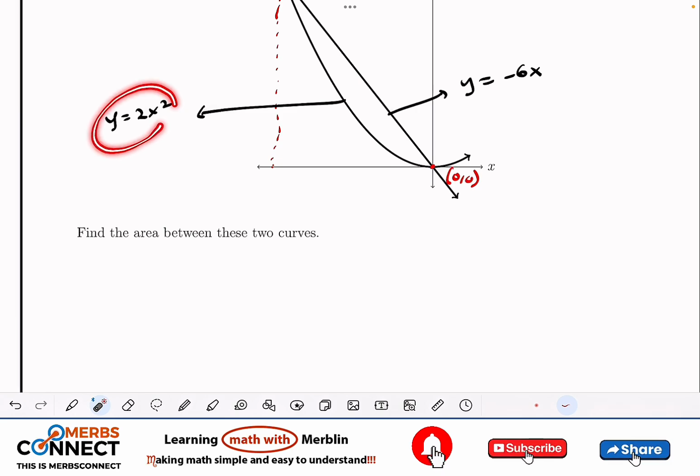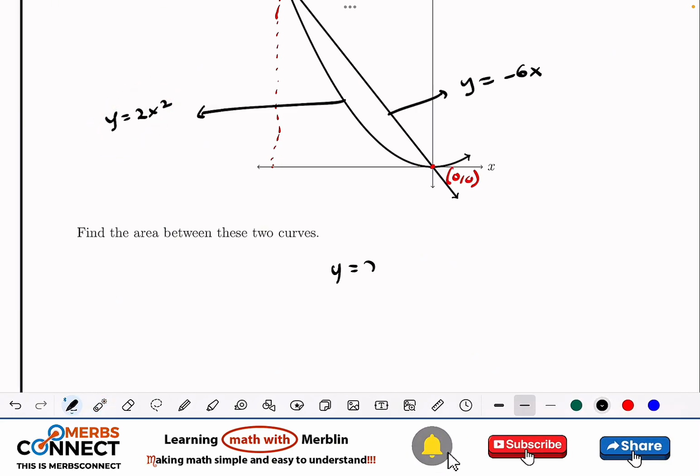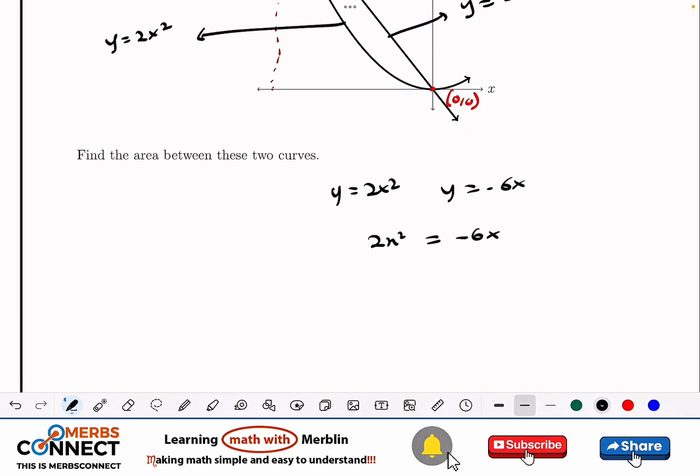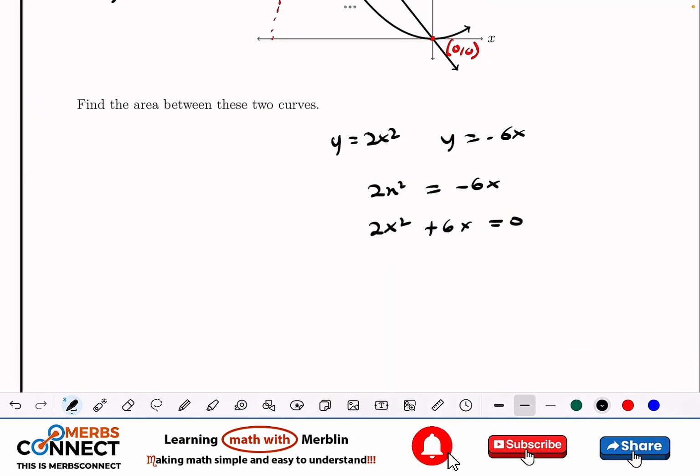So y is equal to 2x squared, y is equal to minus 6x. So it means that 2x squared is equal to minus 6x. Nice. So what can we do? We can move this guy here and get plus 6x is equal to 0.